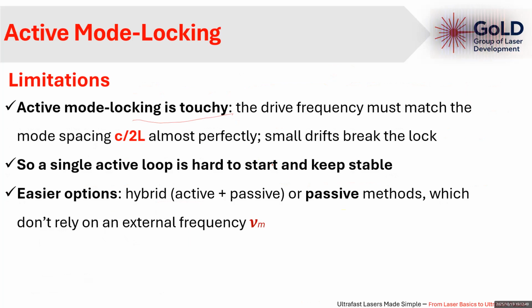Sometimes it's not possible to match 100%. Okay. So if you have a small drift from the driver frequency, okay, then this small drift may break the locking. You may not have locked pulses. You have CW. If the pulses are not locked, the laser is there, but that is called CW, without pulses.